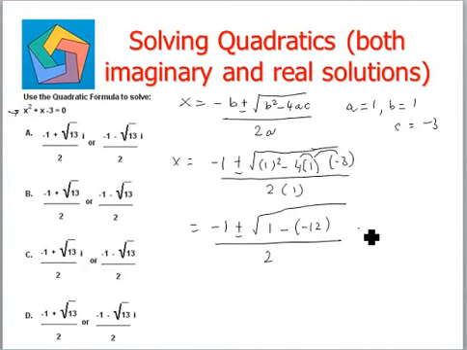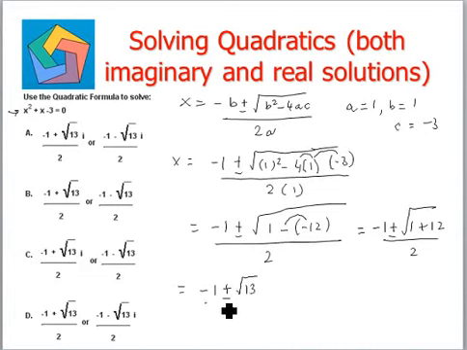So this equals negative 1 plus minus the square root of, negative times negative is a positive, so 1 plus 12, divided by 2. This finally becomes negative 1 plus minus square root of 13 divided by 2.